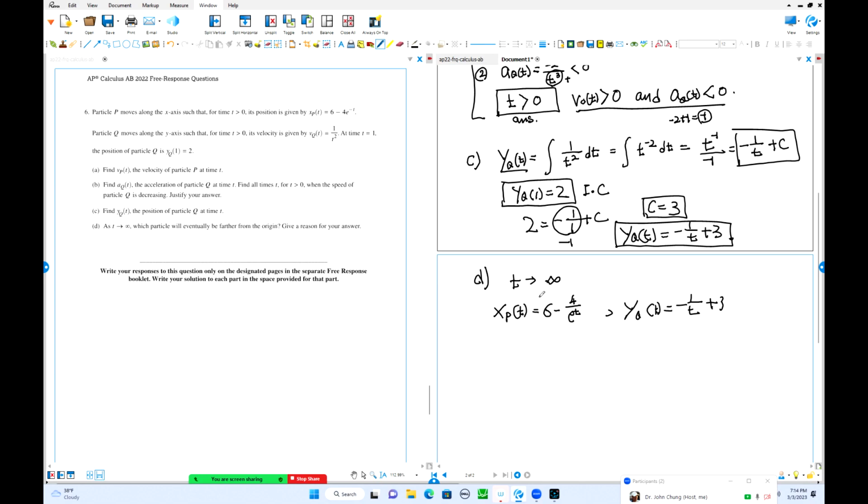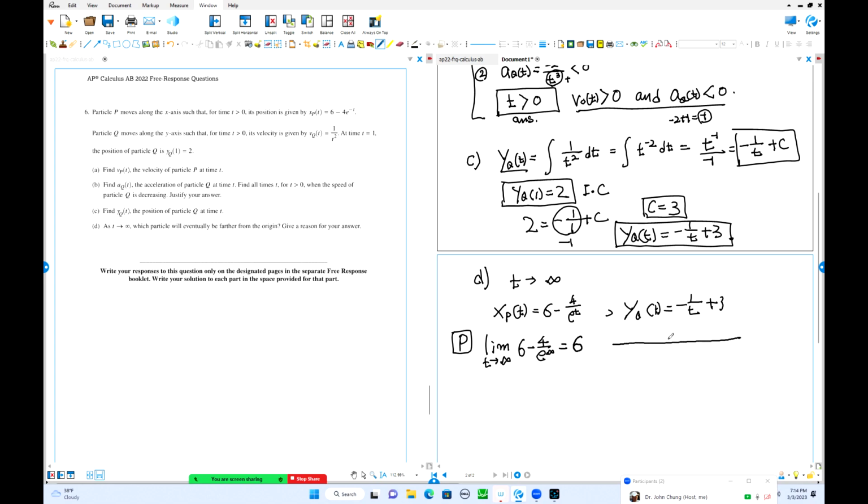So as t goes to infinity, where are the particles? We're going to take a limit. Limit as t goes to infinity. Particle P first: 6 minus 4 over e to the infinity. E to the infinity is infinity, 4 over infinity is 0. So this one equals 6.